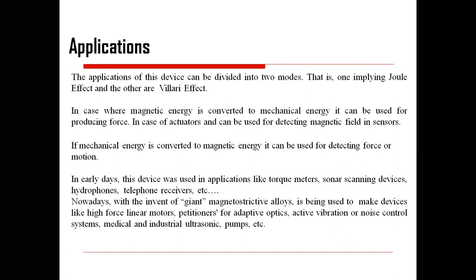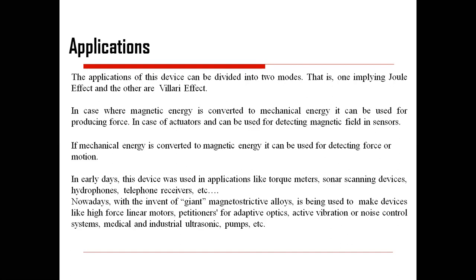So magnetic to mechanical and mechanical to magnetic. In both ways, you can use this for different applications. Here your magnetic energy is being converted into mechanical energy. This can be used to produce a force. So in actuators, we are using this Joule's effect.